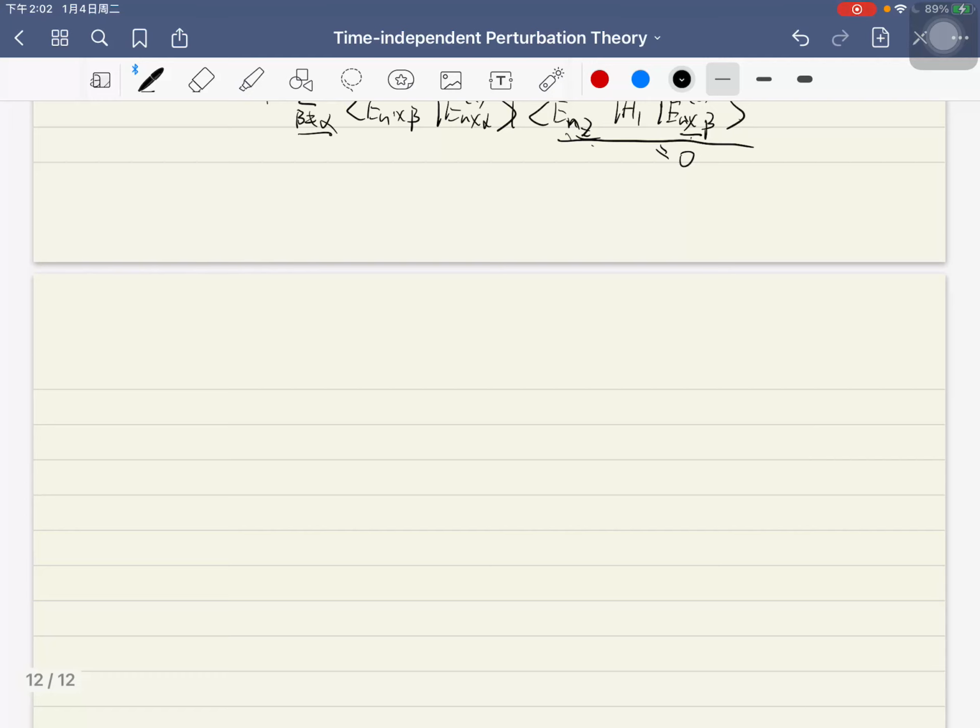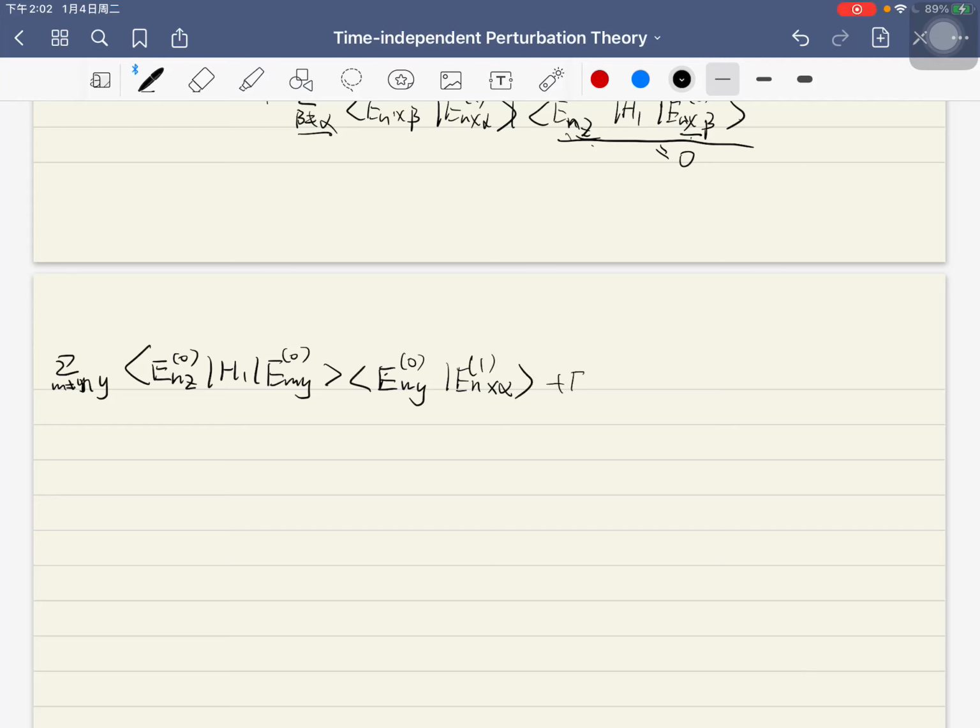We find the sum over n not equal to n, z0 H1 e y0, y0 e n x alpha 1 plus e n z1 e n z1, the e n x e n z0 x alpha 1 equals e n x 1 e n z0 the e n x alpha 1.